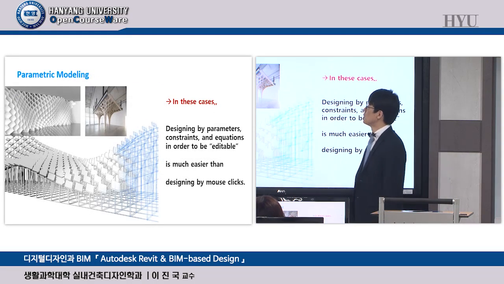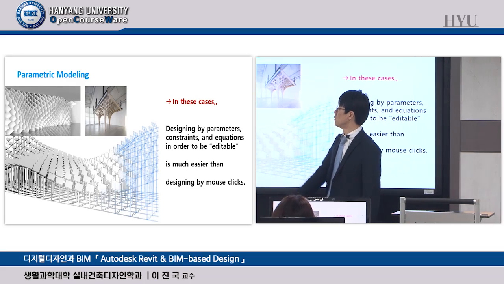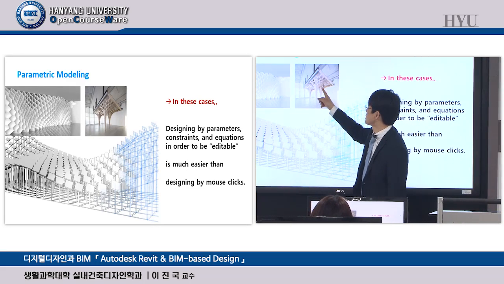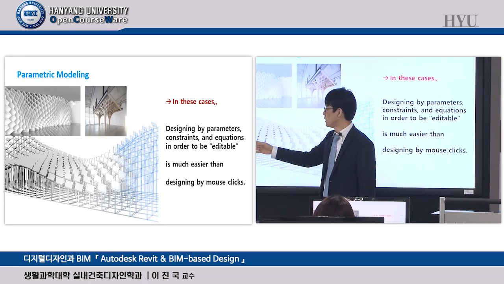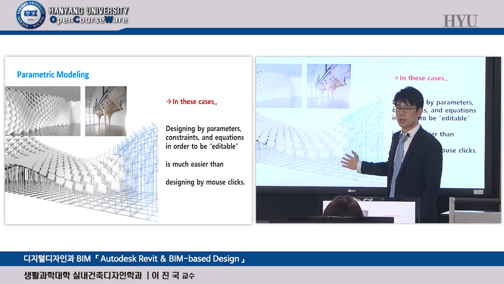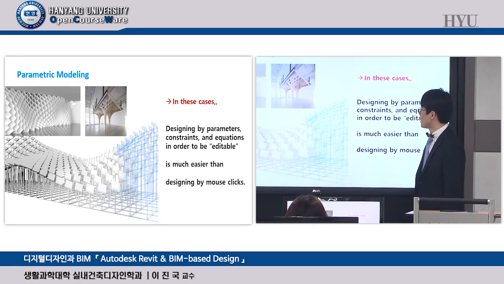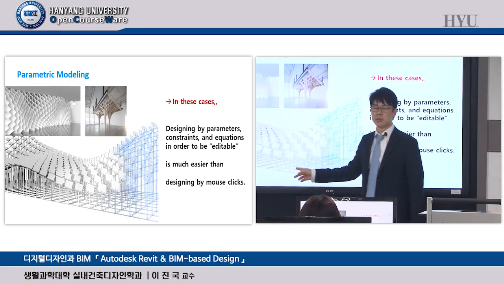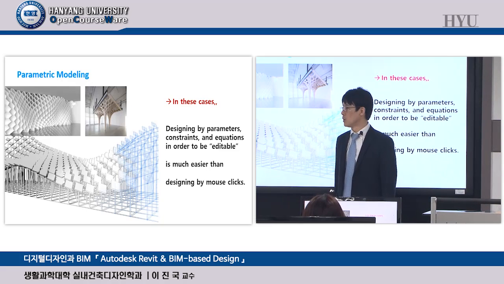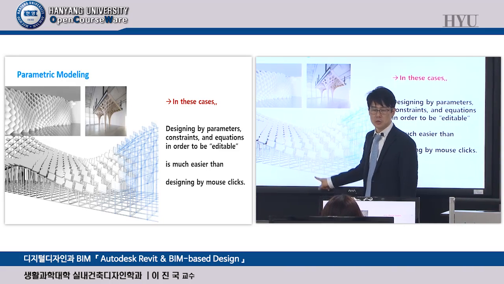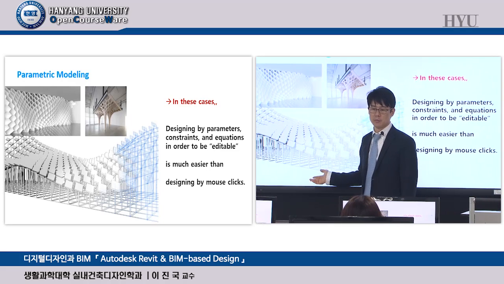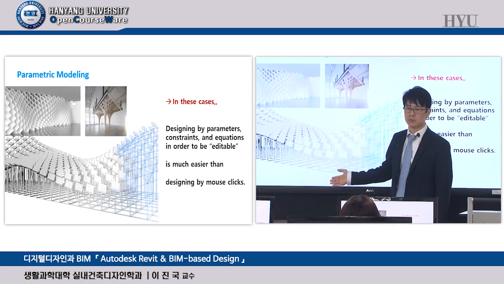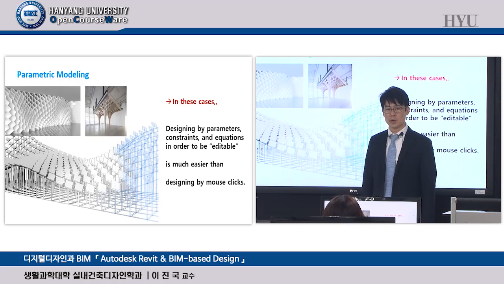Another reason for using a parametric model, take a look at this kind of structure, or this kind of column and roof object, or this kind of very algorithmically defined geometry. What if you design this one using 3D Max or Rhino? Based upon your mouse click and drag and drop, this can be designed anytime. You can design something like this using SketchUp or AutoCAD or 3D Max.